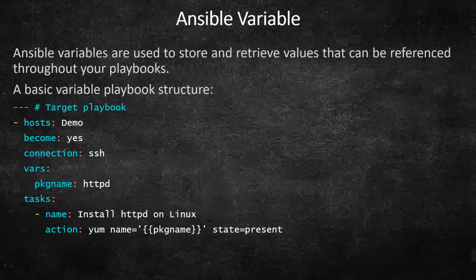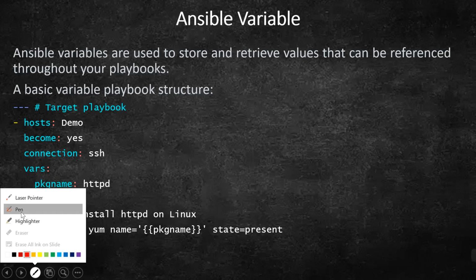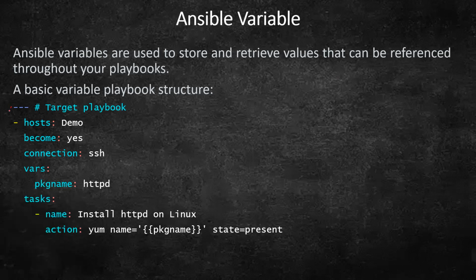So let's understand this with a simple playbook example. You can see here this is the Ansible playbook, and in your previous class we already studied how to write Ansible playbooks.